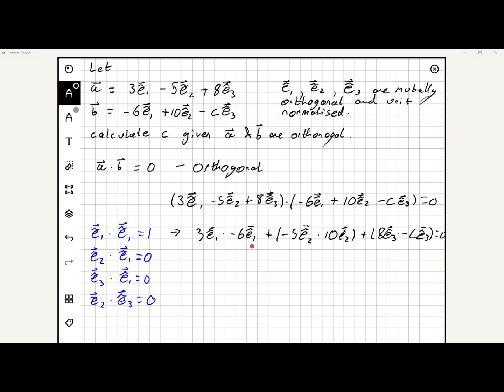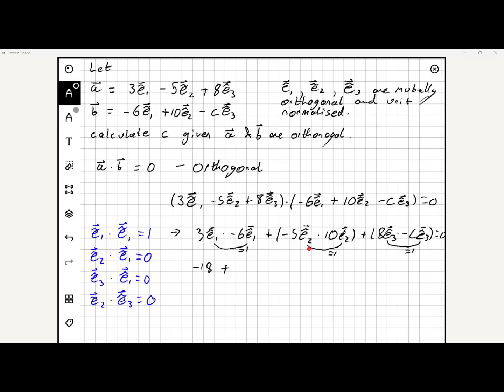So if E1 dot E1 equals 1, we can just make it disappear basically. We're just left with 3 times minus 6, which is minus 18. Then we have, again, with the E2 and E2, equals 1, and the same for E3 and E3.